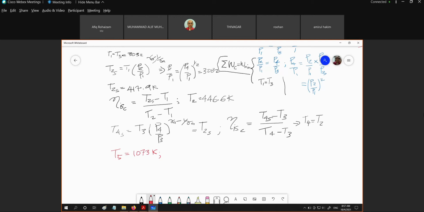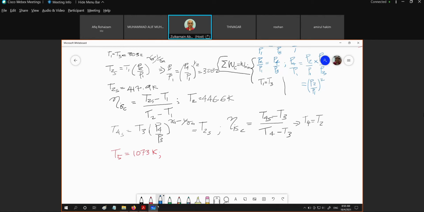Okay. Now, are we going to get T6 or T6S? Refer to your TS diagram. Are we going to have T6 or T6S? What do you think? Can we have T6, or we could have T6S. Let me put it this way.